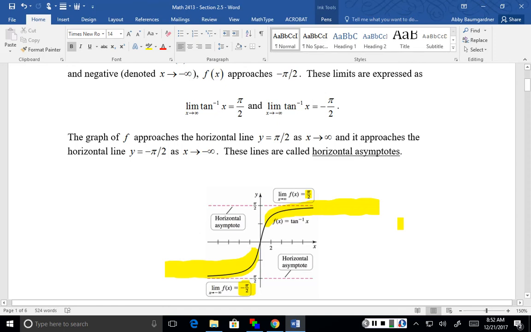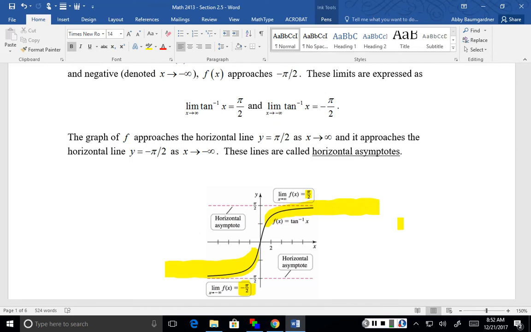Anytime you find the limits at infinity, you have the chance that you might discover a horizontal asymptote. We need to be very careful with this. Just because you're finding a limit at infinity does not mean that your answer is a horizontal asymptote.